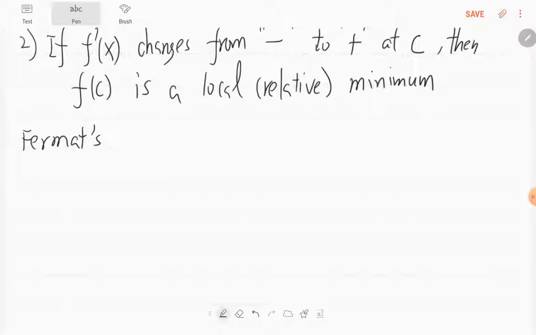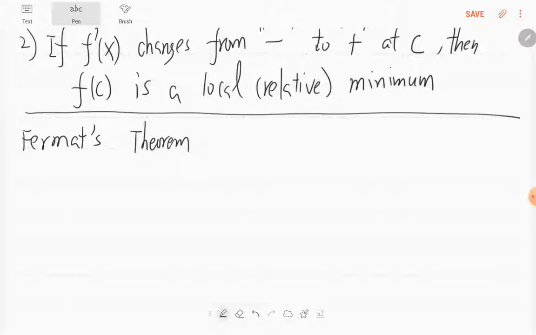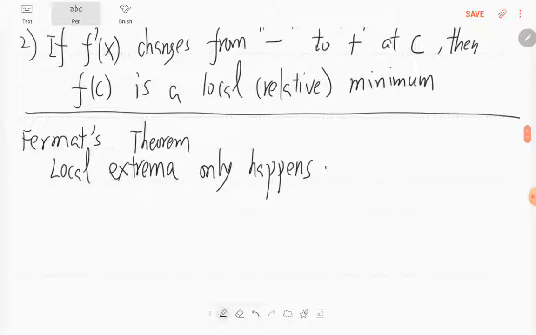Fermat's theorem says all local extrema, or local maximum or local minimum, only happen at the critical points.